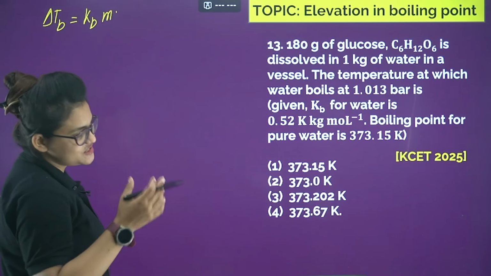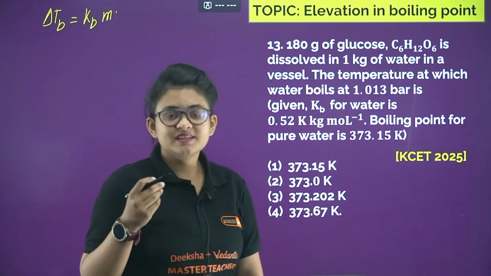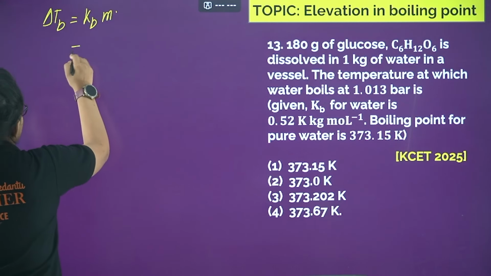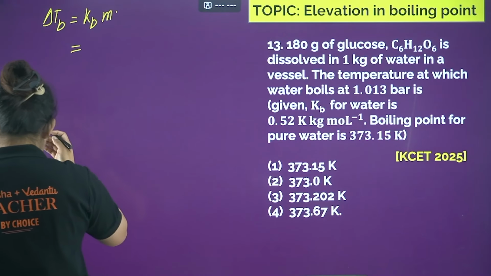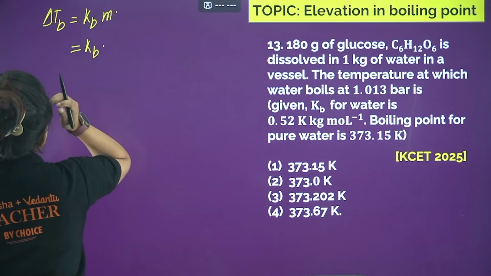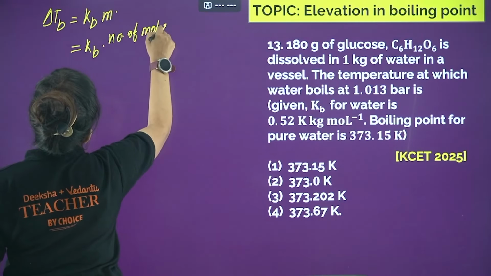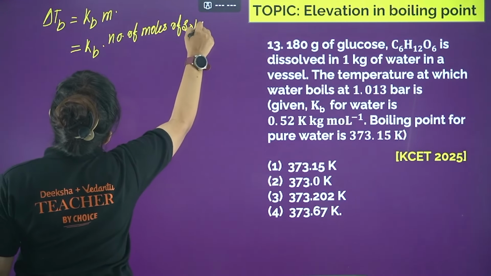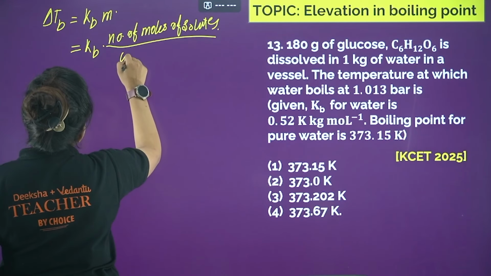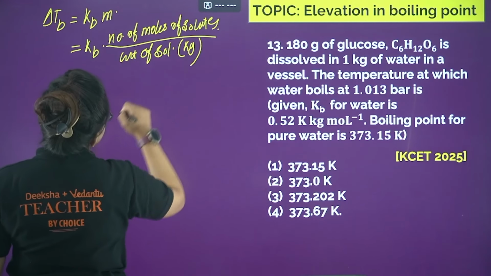See, this much you remember, and then you should analyze how to write the in-depth formula. In a single formula you can calculate everything. Here I have the Kb value, and molality means the number of moles of solute divided by the weight of solvent in kg, right?